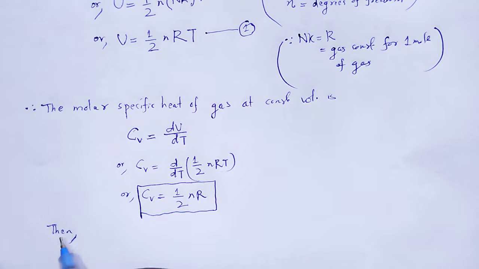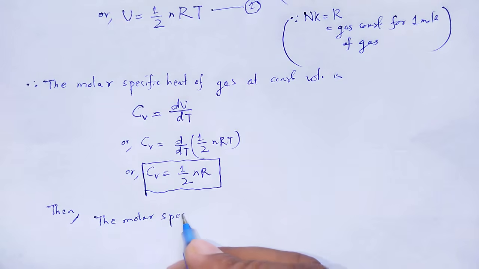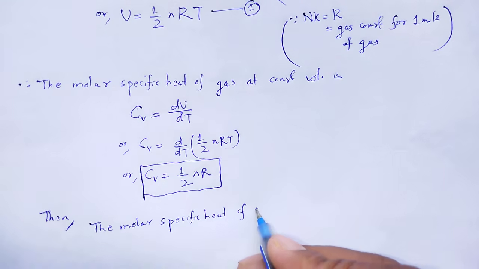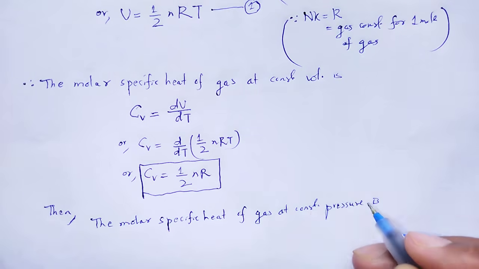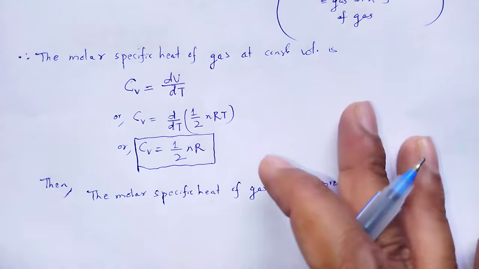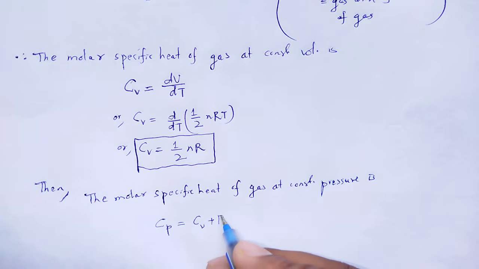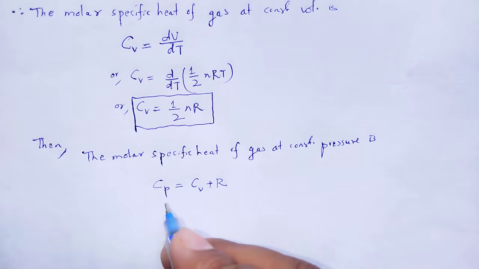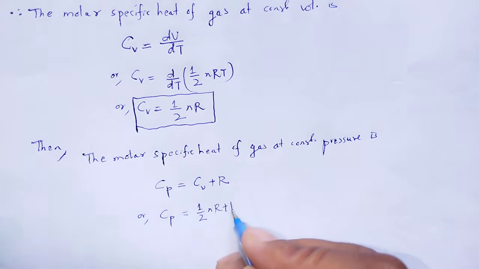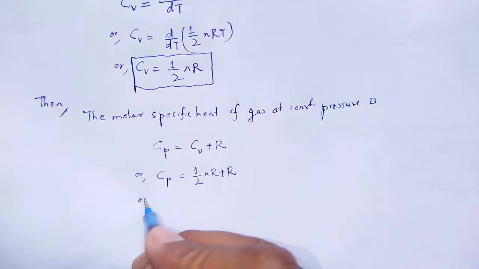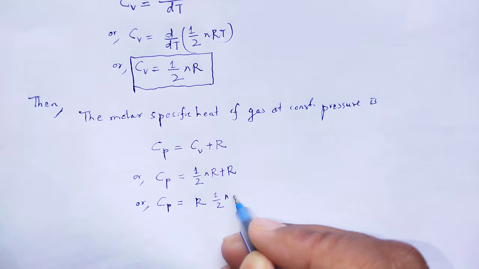Then the molar specific heat of gas at constant pressure is given as Cp is equal to Cv plus R. Therefore, Cp is equal to Cv, which is half nR, plus R, which is equal to, taking R as common, half n plus 1.